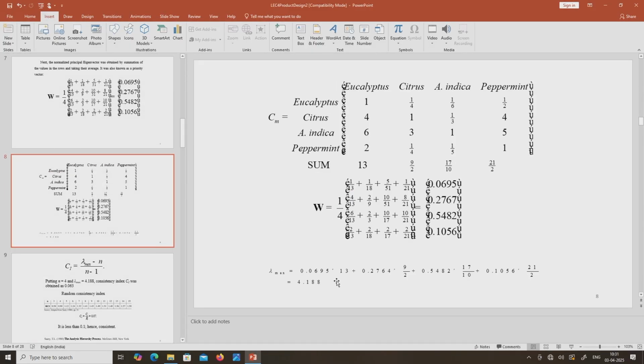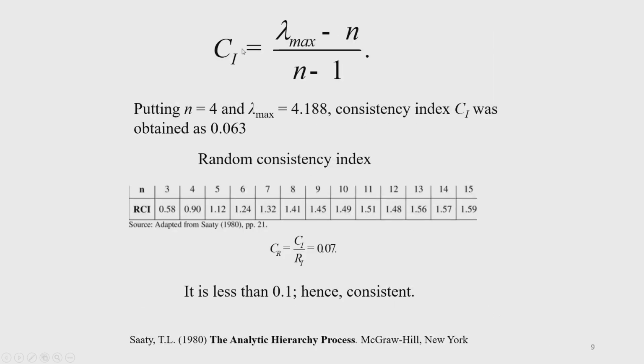So when you multiply the matrix like that, you can get lambda max, and then there is a formula: CI is equal to lambda max minus n divided by n minus 1. Here n is the number of comparisons, that means 4, and lambda max is equal to 4.188. So you get the consistency index, and it was obtained as 0.06.